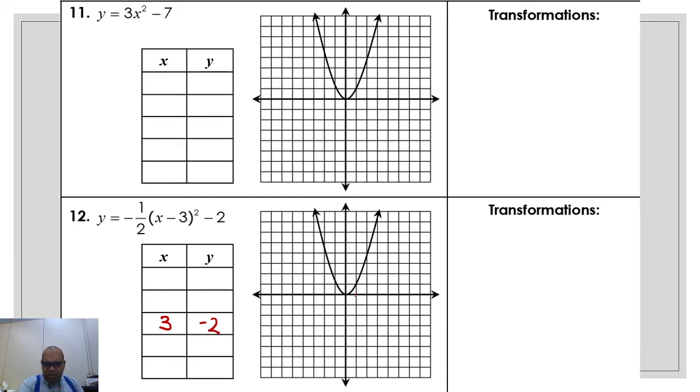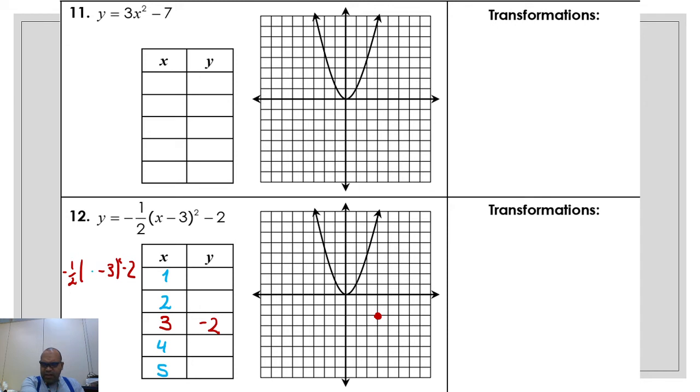Here is my ordered pair. Let me draw the graph here. 3, 1, 2, 3, negative 2. 1, 2, here. Great. My graph is over here. Start here at least. Right now, let's solve. It is negative a half (x minus 3) squared minus 2. Instead of x, I use numbers less than 2, like 1, and greater, like 4 and 5.